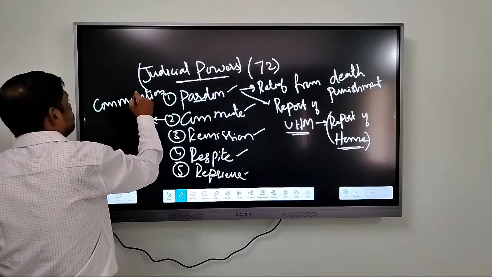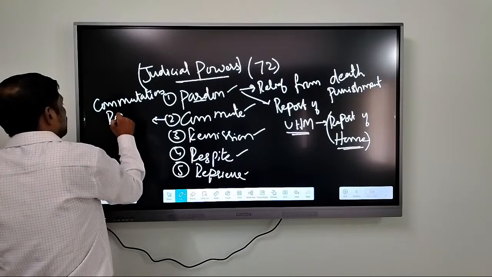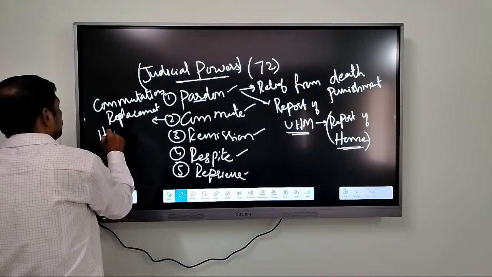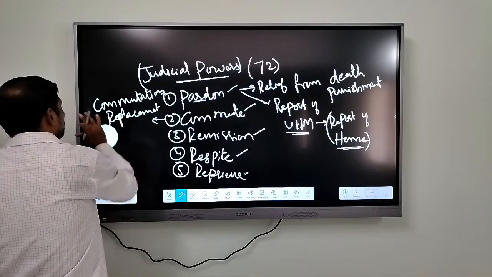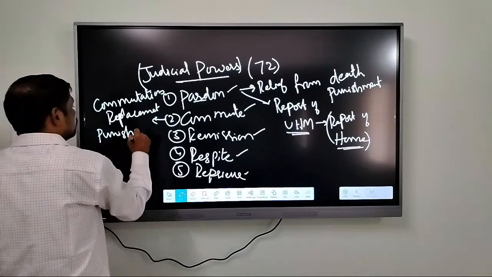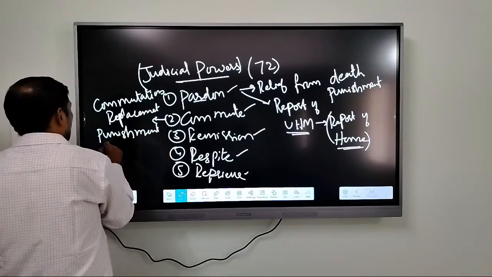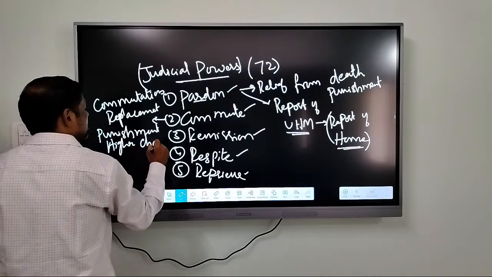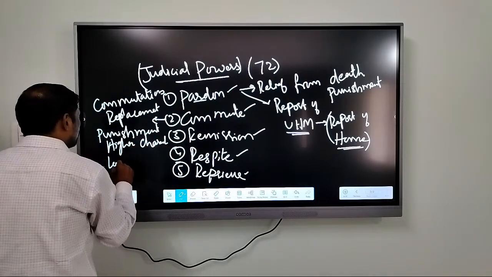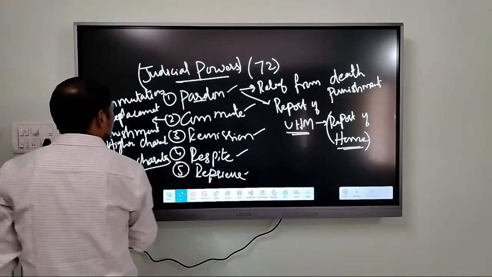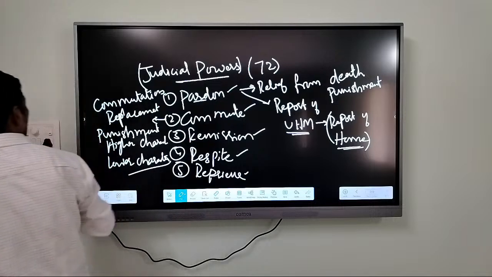Commutation means replacement of punishment with higher character with that of lower character. That is what commutation means.